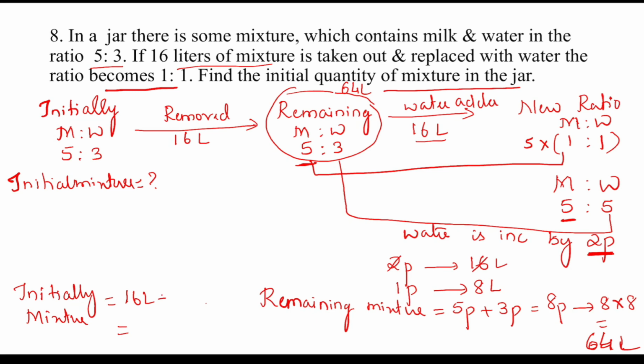So originally how much was it? 16 plus 64 liters, which is equal to 80 liters. So initially the mixture was 80 liters.